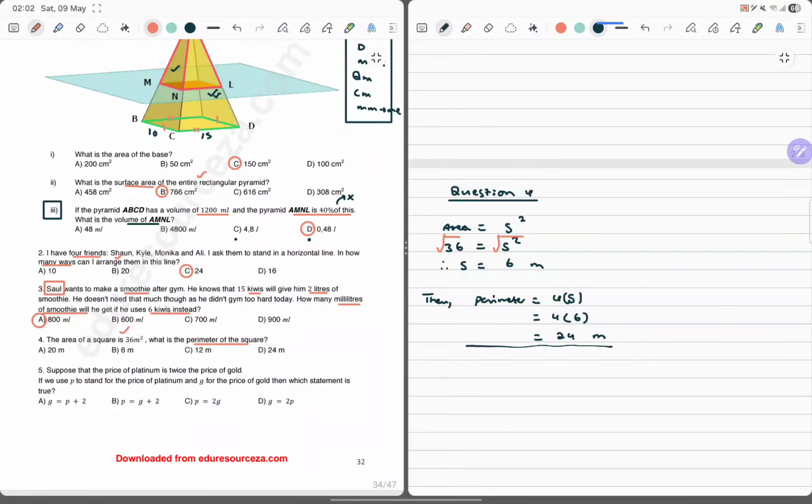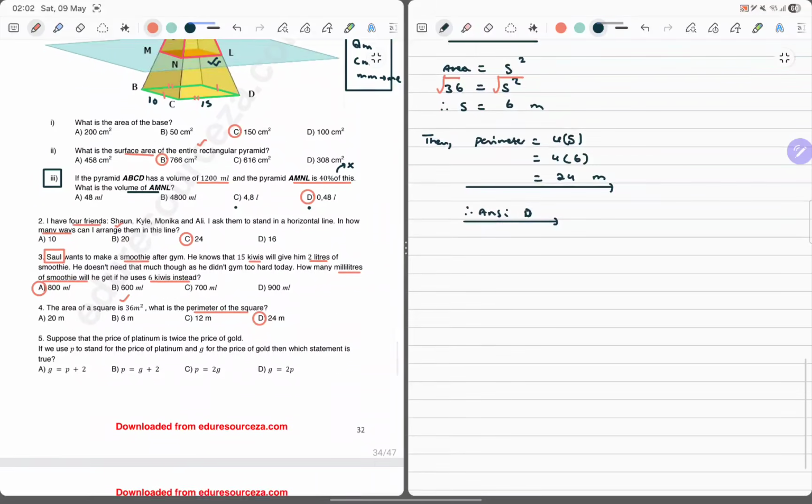Remember, perimeter is modeled by a linear function. Area is modeled by a quadratic. Volume, cubic. You must know these. There are no excuses acceptable. So the answer here is D. Of course, guys, you do get those questions that are just simple and straightforward. And when you do get them, don't waste time. Move on.